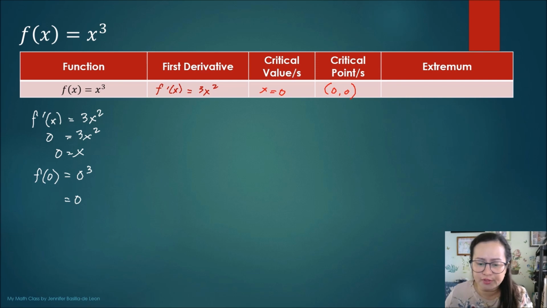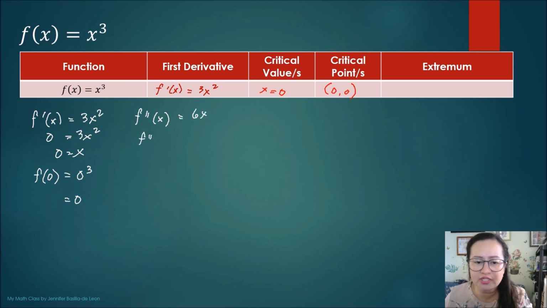Now, in order to determine whether this value is a relative minimum or maximum, we can use either the first derivative test or the second derivative test. This time, let's use the second derivative test. Let's get the second derivative. We will have 6x.